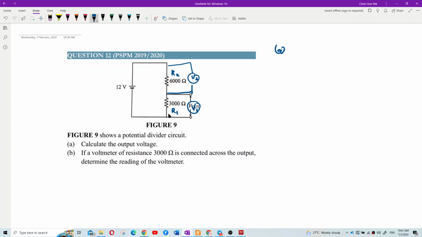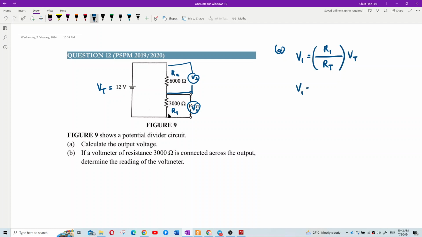Good. So now, what is V1? This one is V total. So V1, the output voltage, is equal to R1 over R total, multiplied by V total.